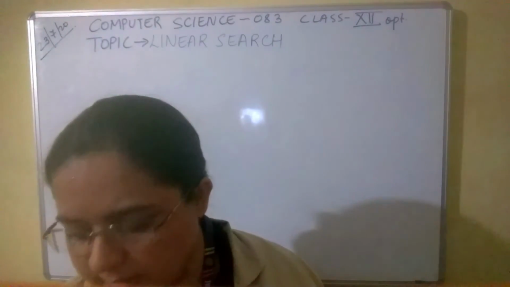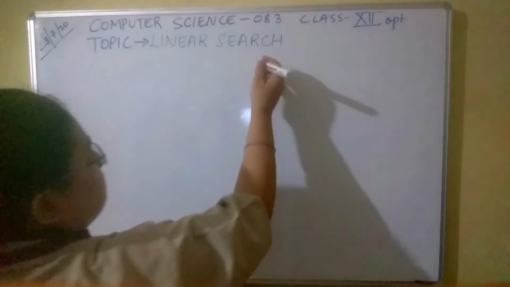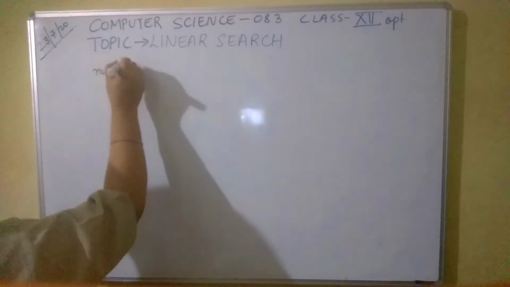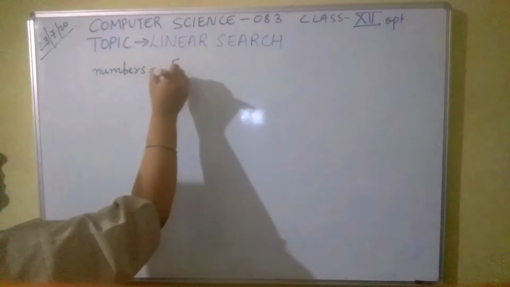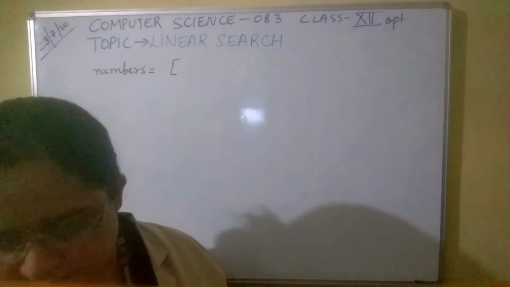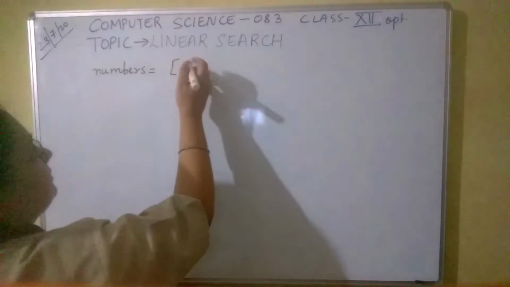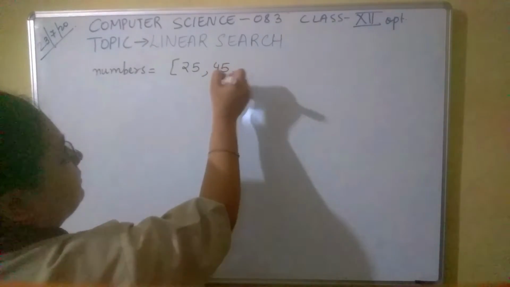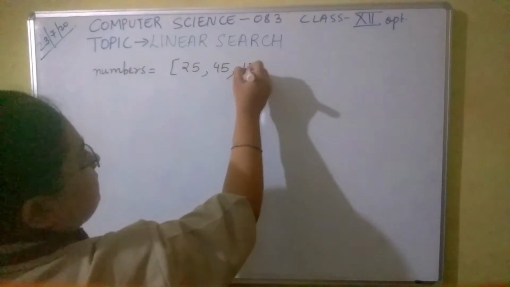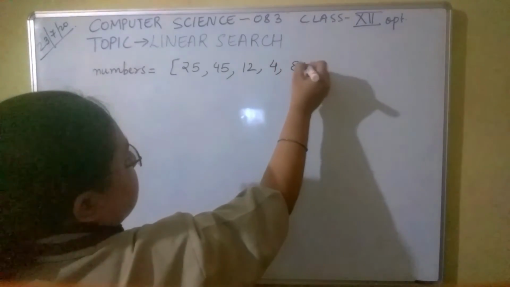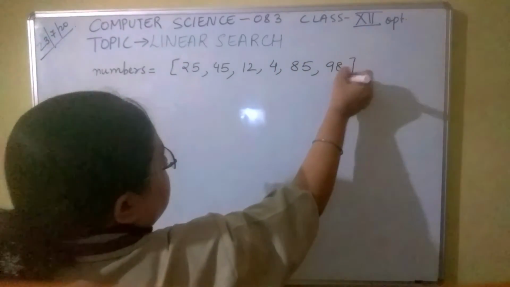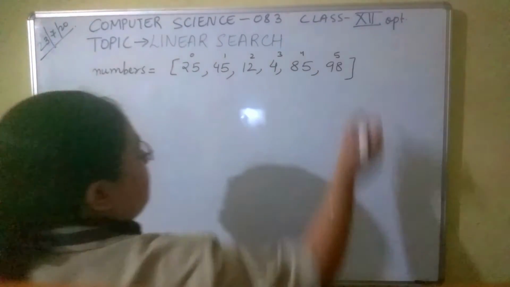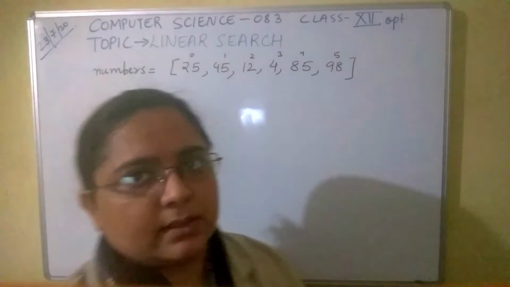So for this we need a list named numbers, and let's give some values to it. So we have 0, 1, 2, 3, 4, 5. We have 5 total values in this list.